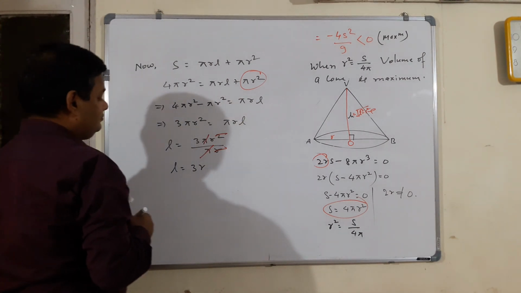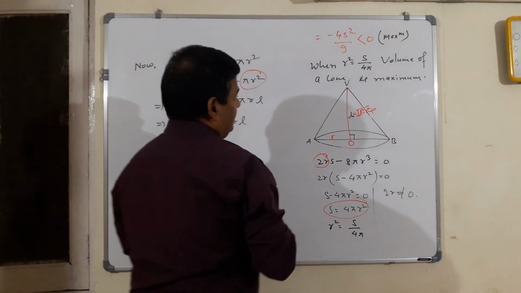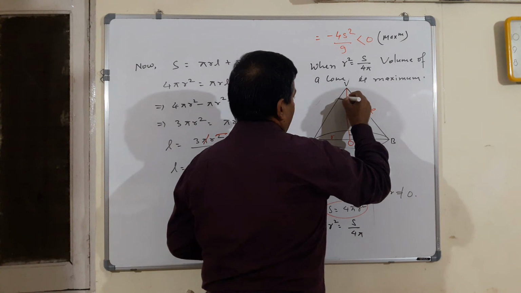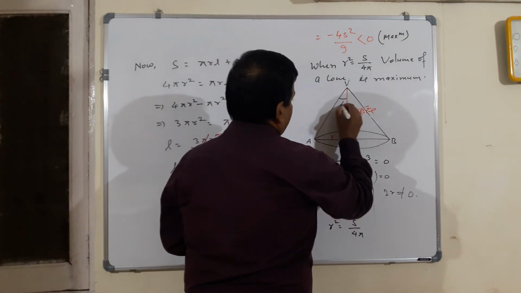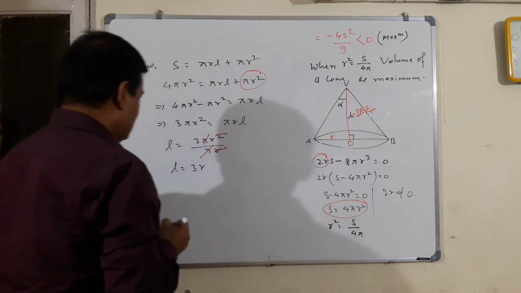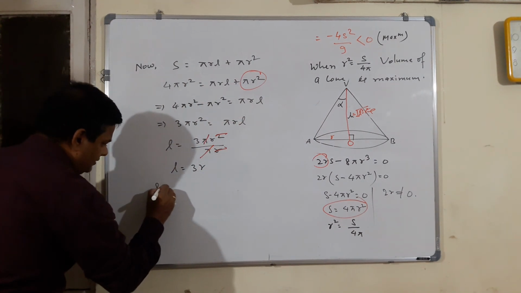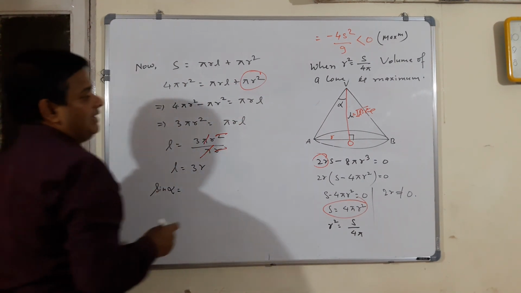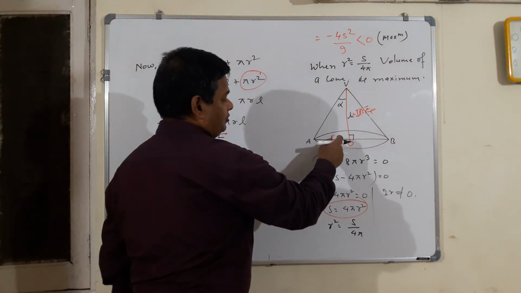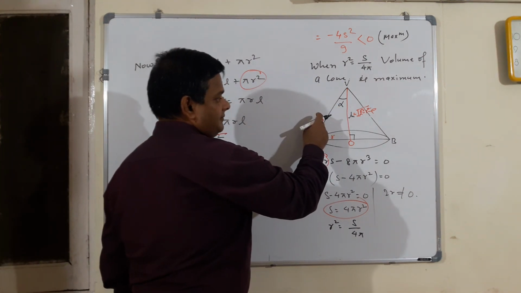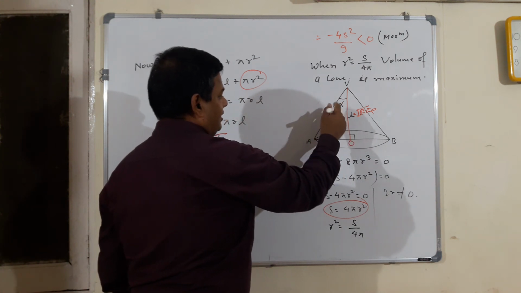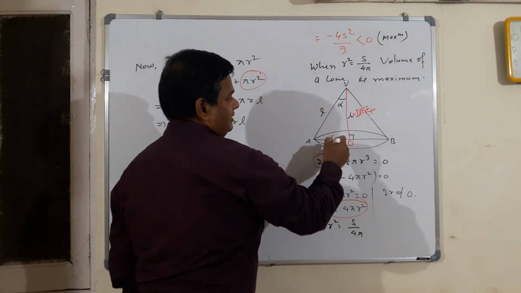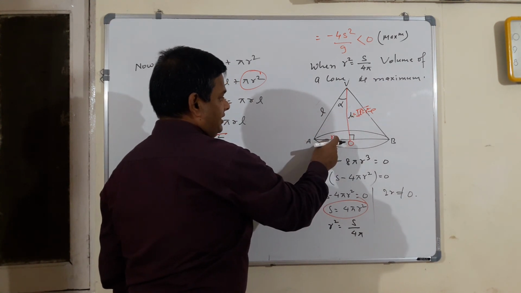Now see here, this is the semi-vertical angle alpha. So sine alpha is equal to, sine is defined as opposite over hypotenuse. Suppose this is alpha, this is your slant height, this is height, this is the radius.